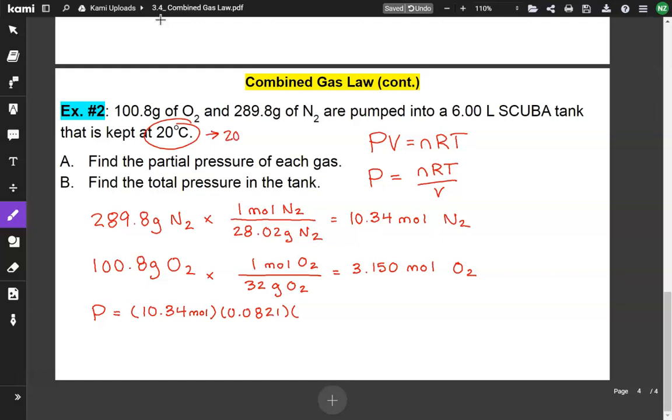So 20 plus 273.15 will end up with 293.15 Kelvin. And that's going to be over the volume. The volume of our tank is 6 liters. So our pressure for nitrogen will be 41.5 atmospheres.